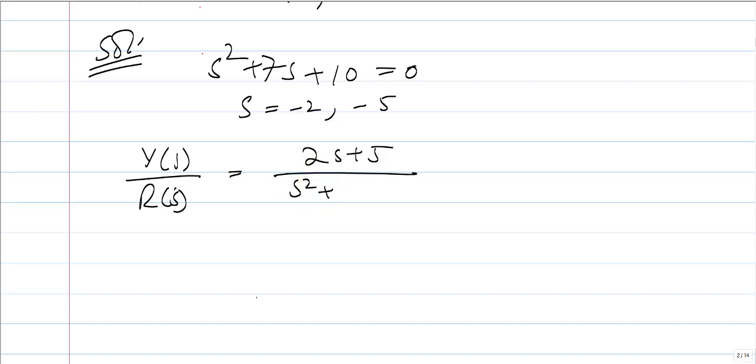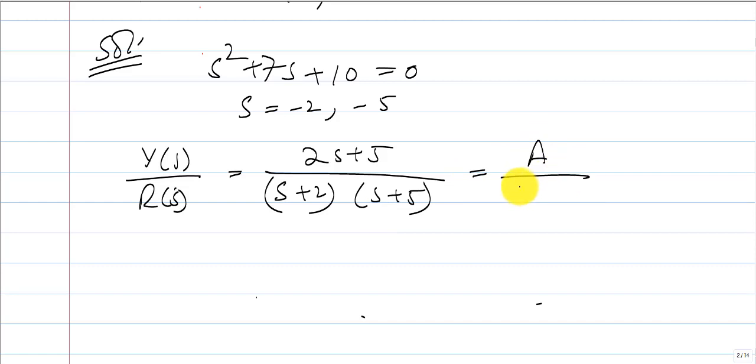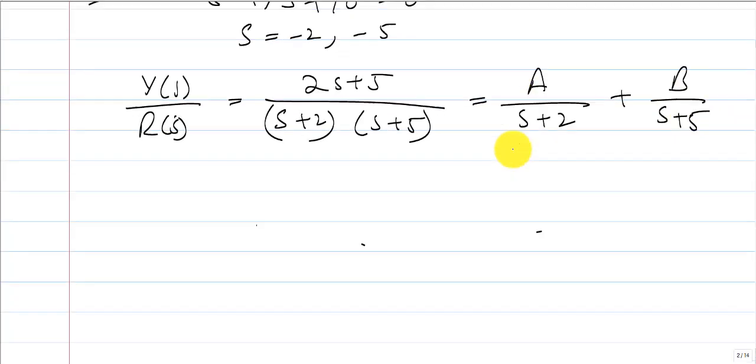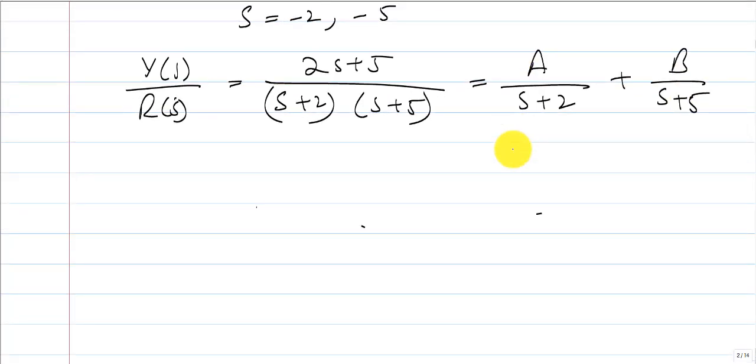Sorry, we'll write it in the form of these roots: (s + 2)(s + 5). By partial fractions, I hope you know partial fractions, so you can solve it. We just need to calculate a and b using this relation. Here a comes out to be 1/3 and b is simply 5/3.